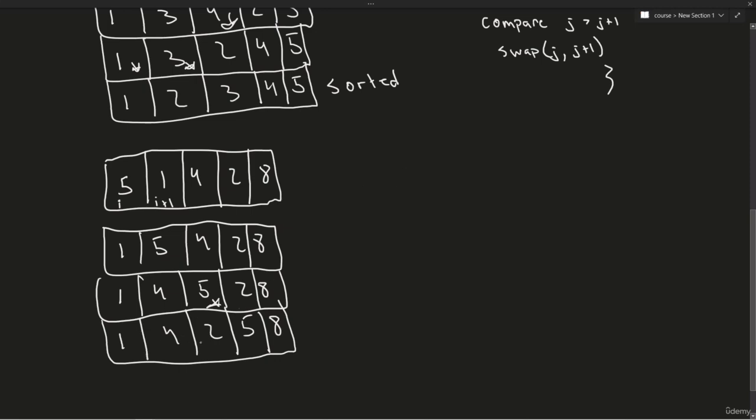So now we also know 1 is in the correct spot. Now we need to start here, and we will evaluate 2 and 4, and we see 1, 2, 4, 5, and 8.